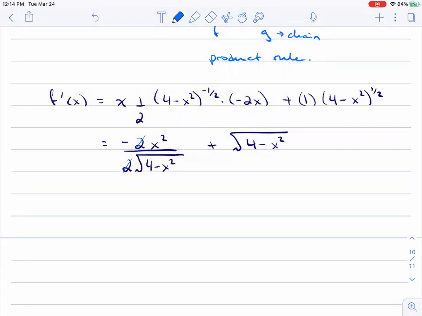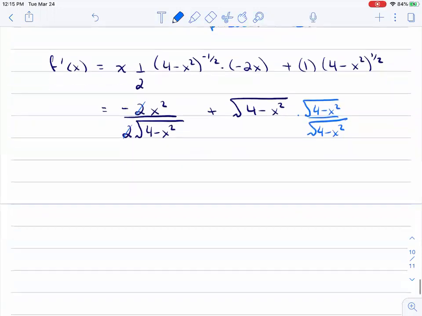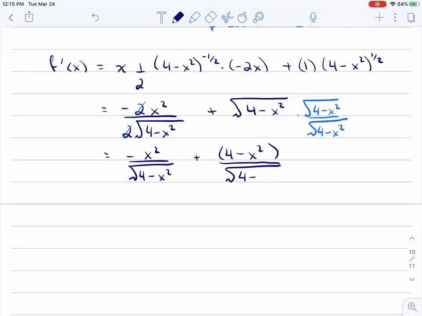If I need a common denominator of root 4 minus x squared, I can multiply this side by root 4 minus x squared over root 4 minus x squared. So I get negative x squared over root 4 minus x squared plus 4 minus x squared over root 4 minus x squared, because root times root makes 4 minus x squared.